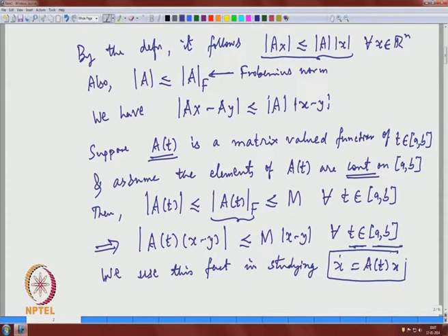Because of this, we get global existence: the solutions exist in any interval where A(t) is continuous.